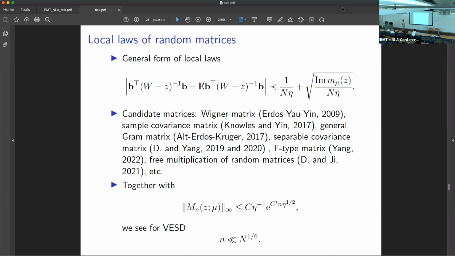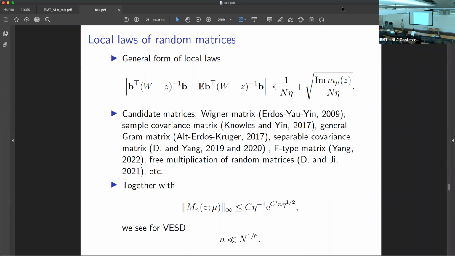Then it's really close to its expectation with high probability, and the error can be computed explicitly. What is this mu? Mu is the Stieltjes transform of the limiting distribution of W. In many cases, this expectation can be computed explicitly. Usually it only depends on the Stieltjes transform and some detailed information of the random matrix model.